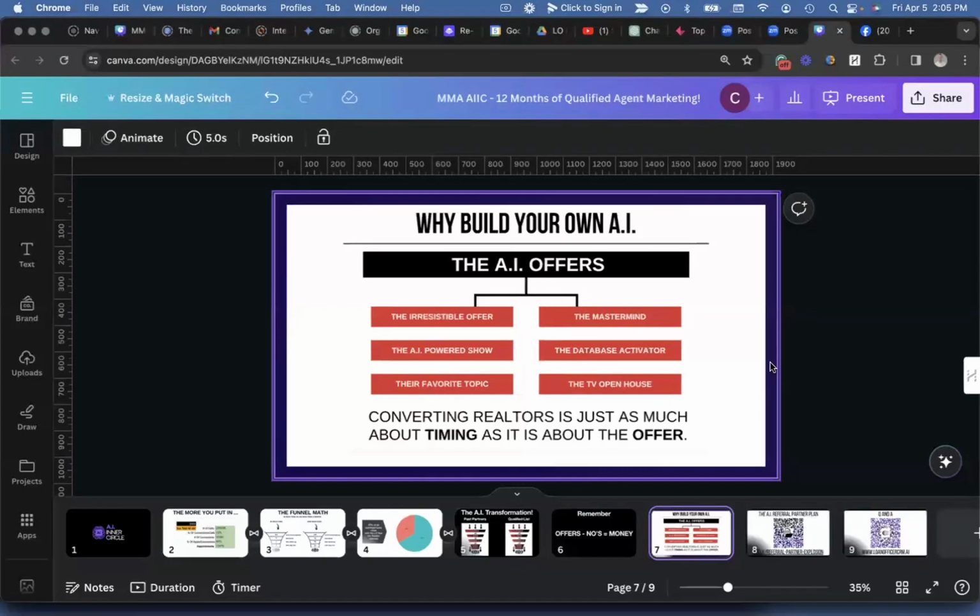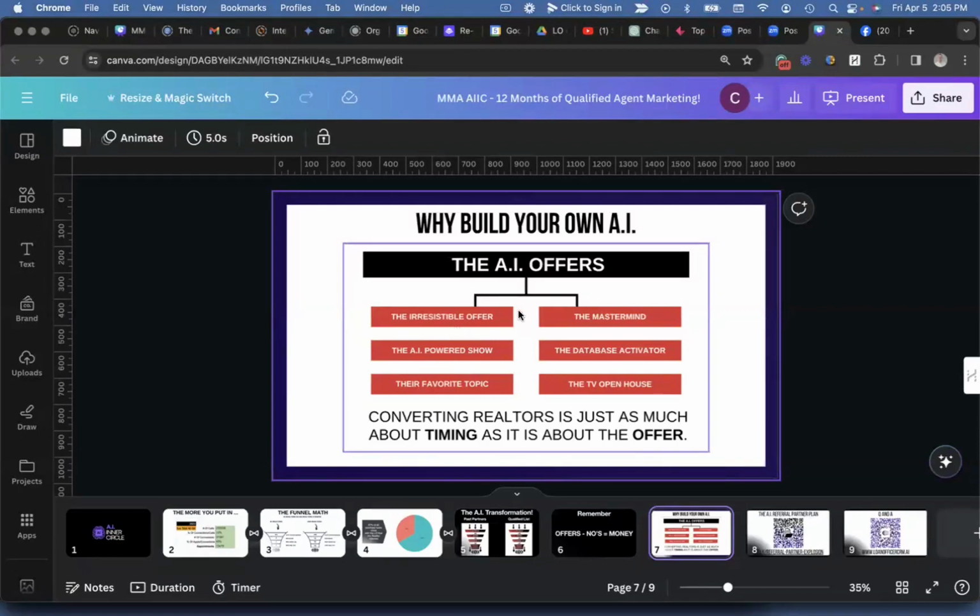Because what we've done is we've built the CRM in a way where when somebody responds back, either you've called them with the power dialer and they text back to that phone number, or they get an email that you've sent out to them and they respond to that email, we have a prompt that understands which offer that person just got, and it has the conversation with the realtor based on whatever value it was that they responded back to. So if they responded back to the mastermind offer, it talks about the mastermind offer to get them to book an appointment with you.